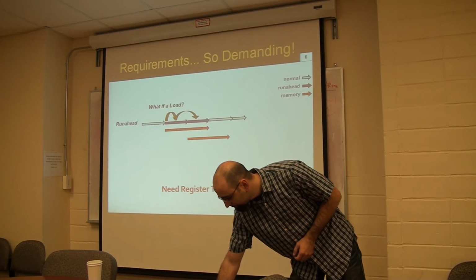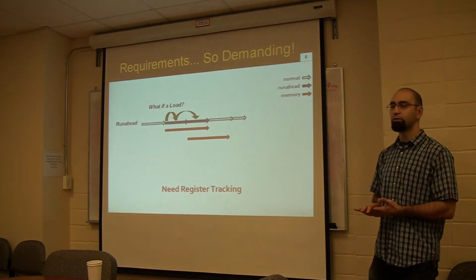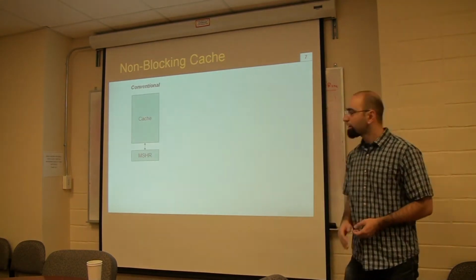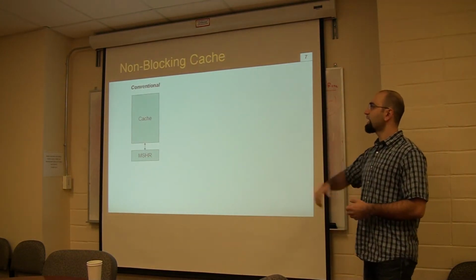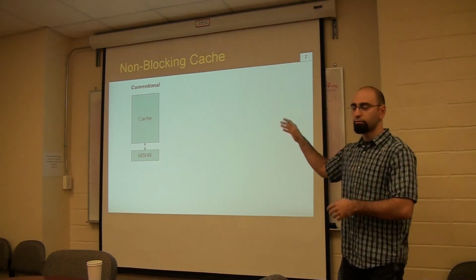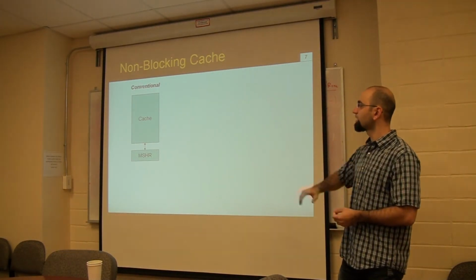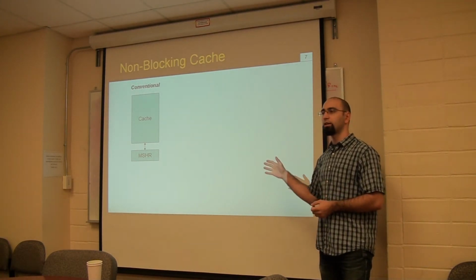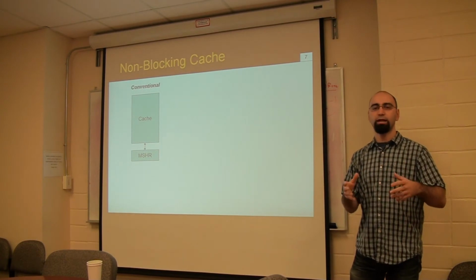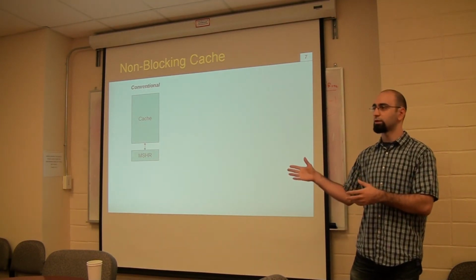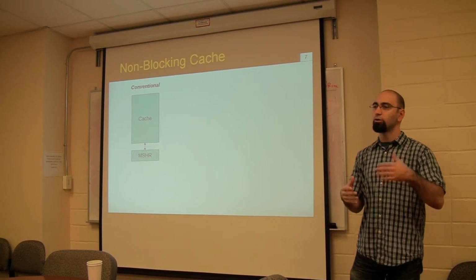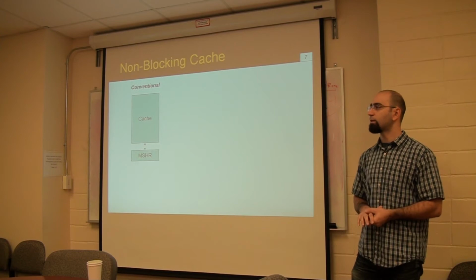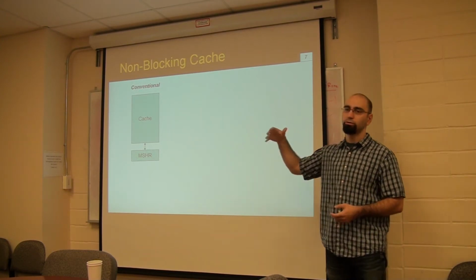Now I'll talk about more requirements along the way, but let's see how we actually do these things. For the non-blocking cache, conventionally we have a cache, storage and tags like a regular blocking cache, and then on top of that we have a miss status handling register, the MSHR. What it does is it says which lines I've already asked for from the memory controller, so that when subsequent accesses come in, I know I don't have to ask for them again, so I don't send multiple requests, and at the same time I can have the cache visible to the processor.